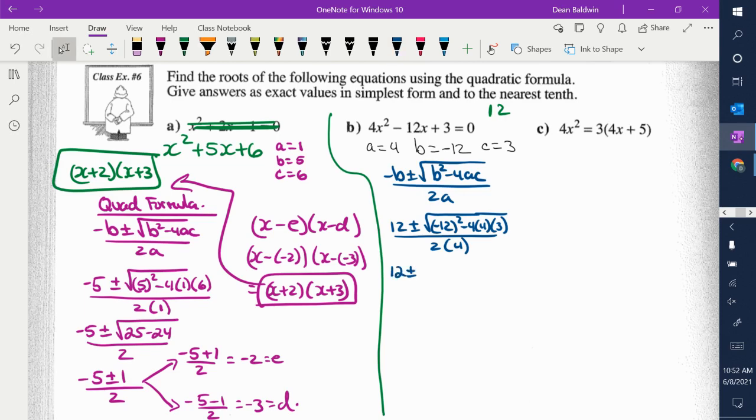So deal with the square root first. Yeah, so you'd have to solve for x, but we're not doing that right now. 12 plus or minus root 144 minus 8, 144 minus 48.